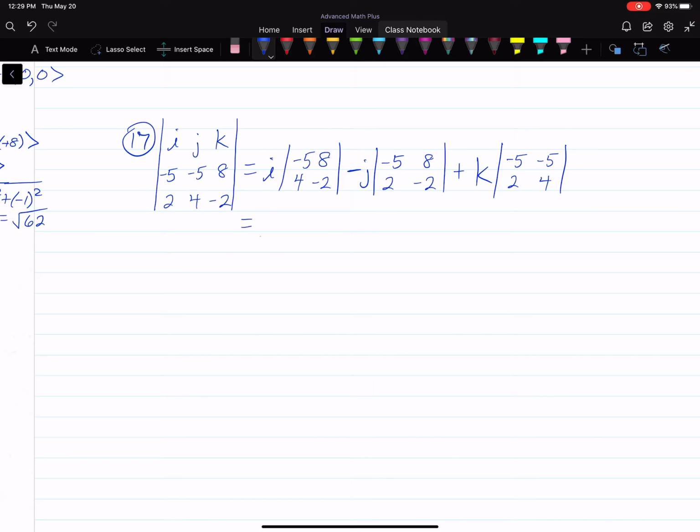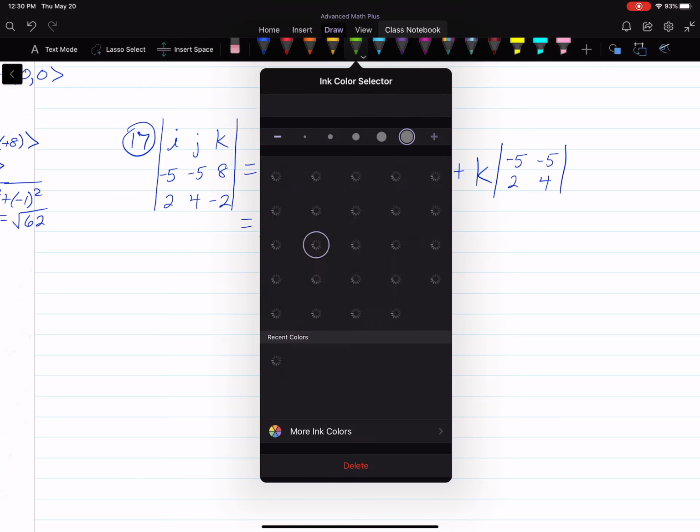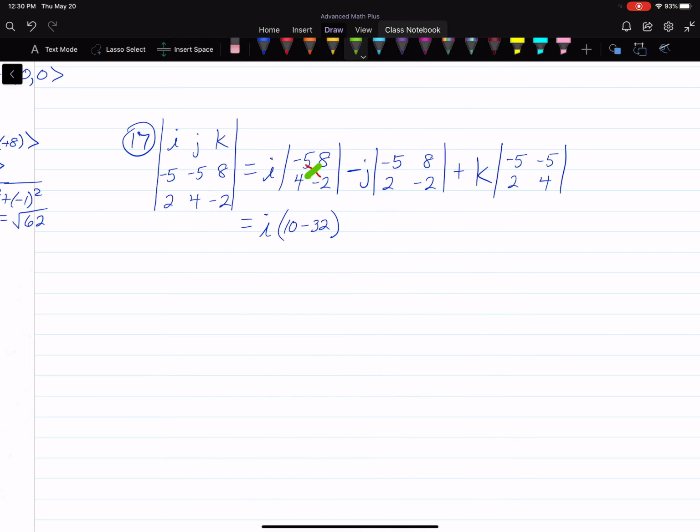So this is going to be I times, if you forgot how to do it, you multiply negative 5 times negative 2, which would be 10, minus 8 times 4, which is 32.